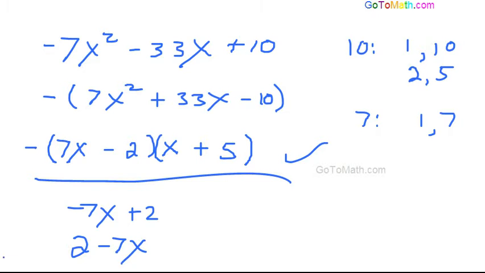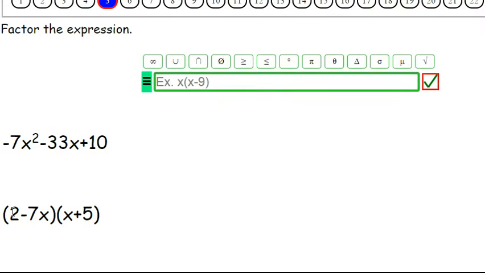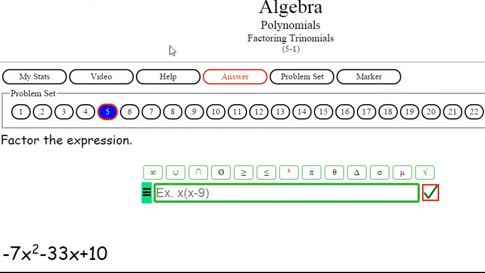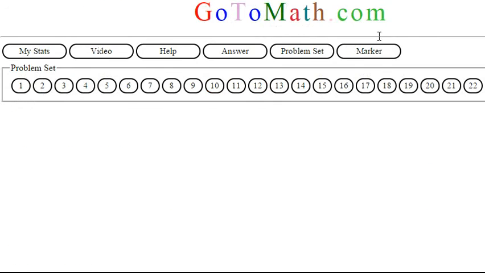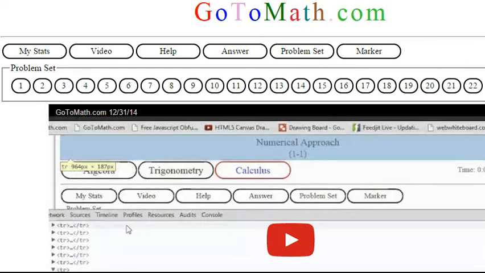See that? 2 minus 7x. So if you're wondering where this comes from, that's it. Okay, so we're over here at GoToMath.com, practicing some factoring, and see you in the next problem.